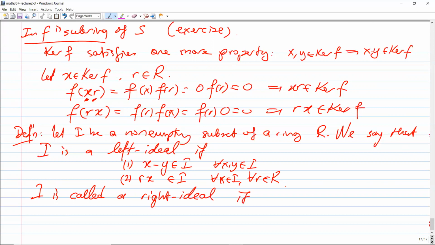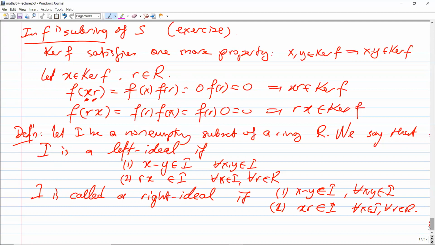if these two are satisfied, namely the first condition is the same, for all x, y in I, and the second is that x times r, when you multiply x from the right-hand side, should also be in I for all x in I and for all r in R as well.